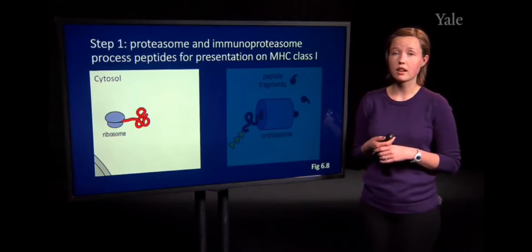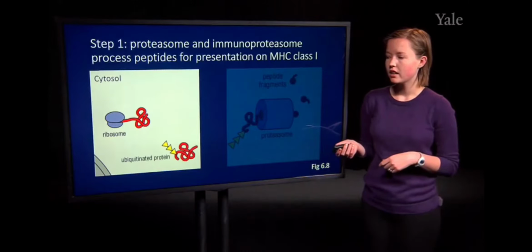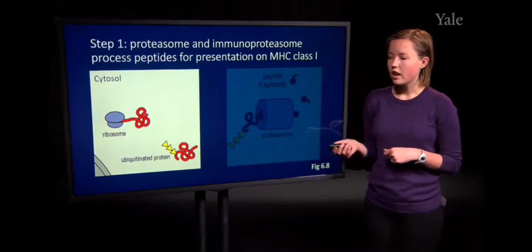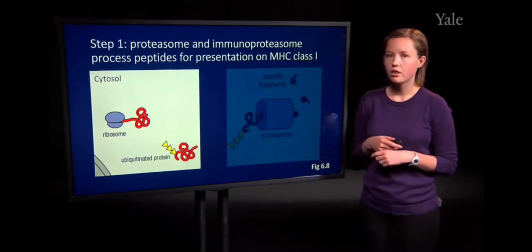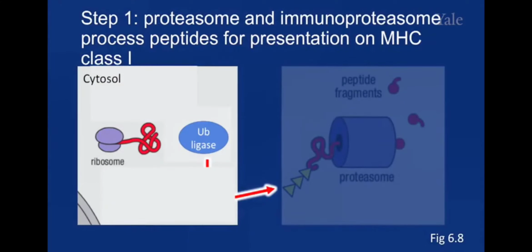So we have synthesis of our peptide, and peptides, as we know, can be degraded through ubiquitination. So there are ubiquitin ligase proteins that will add these UBs to the protein, and this tags it for degradation.